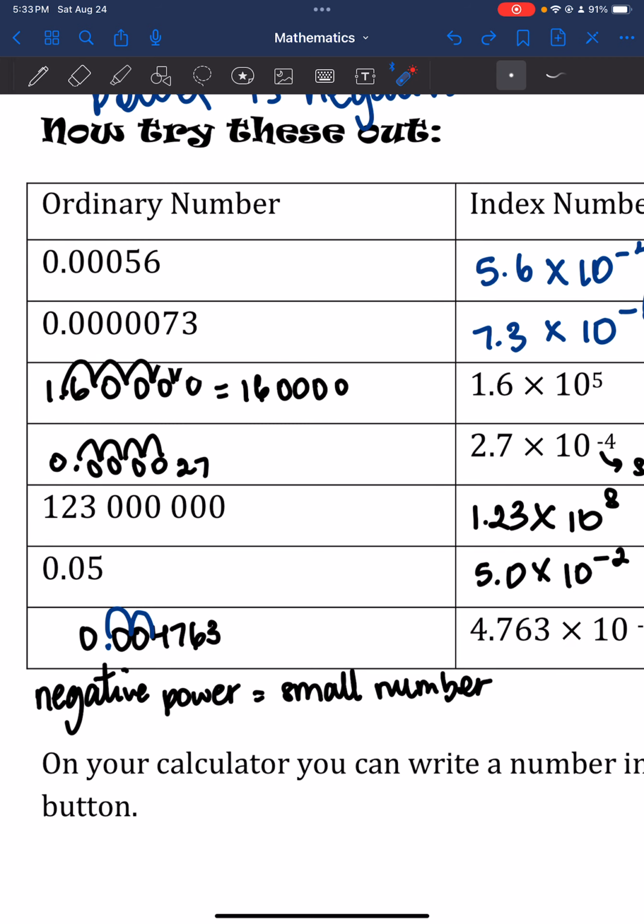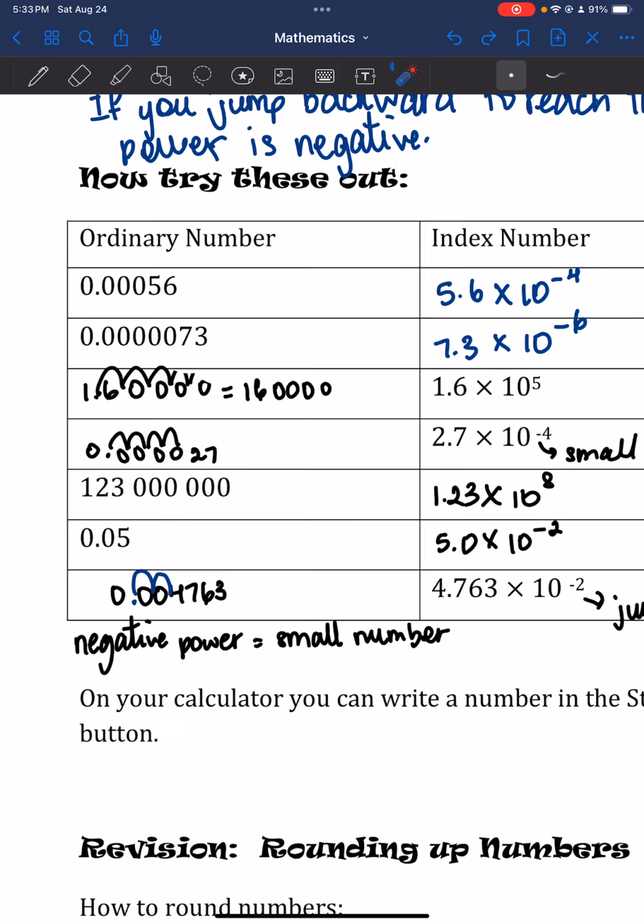Hopefully I'm making sense to you. And then positive numbers, we jump to the right. So 1.6 by 10 to the 5, we write down the 1.6, we jump to the right. It's positive, right, jumping right; negative, left jumping.